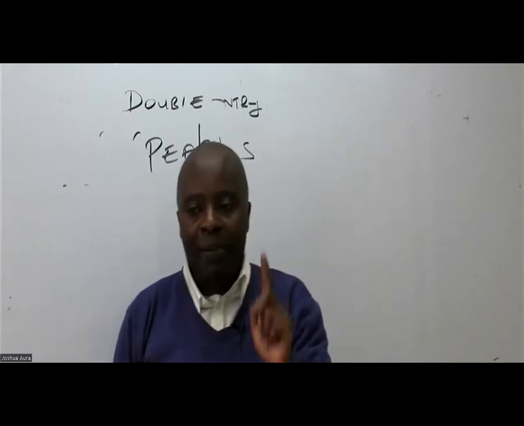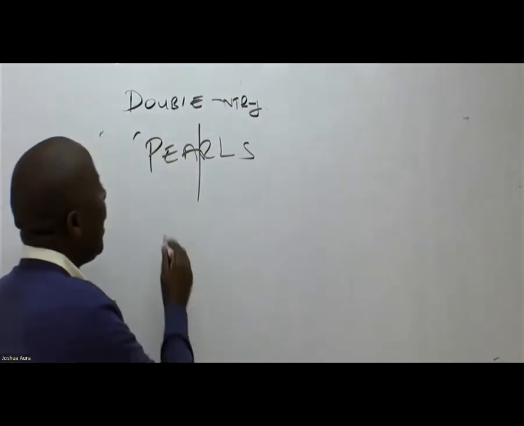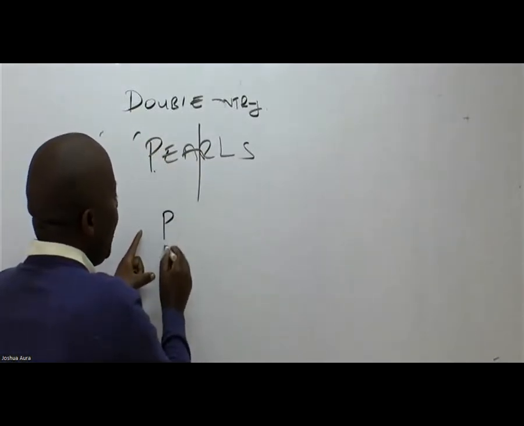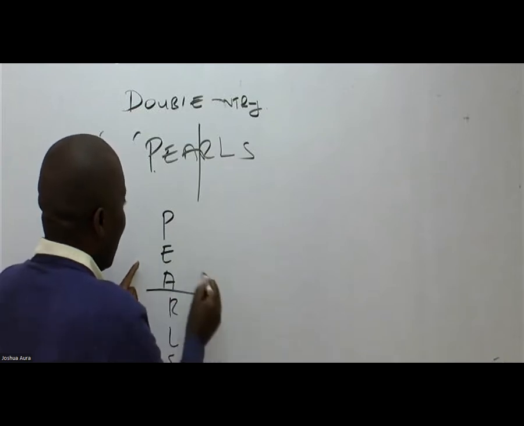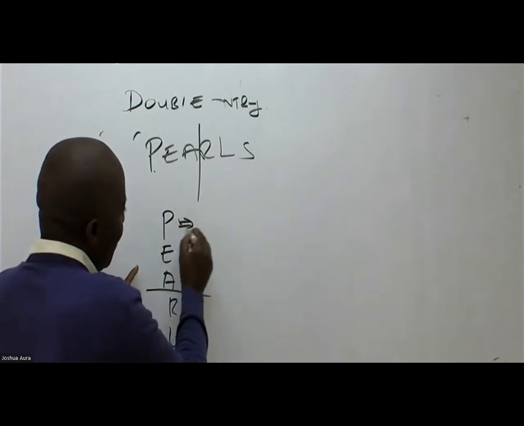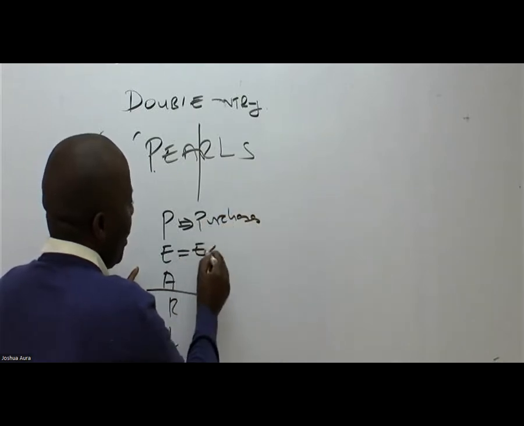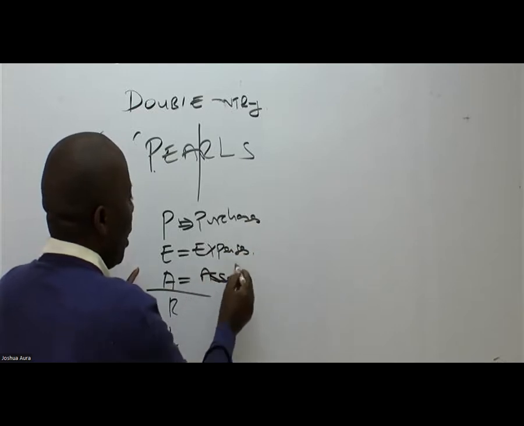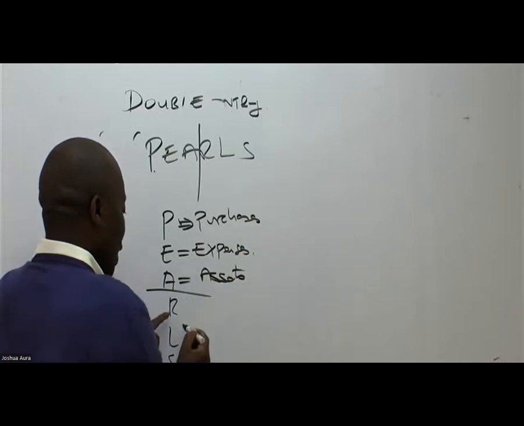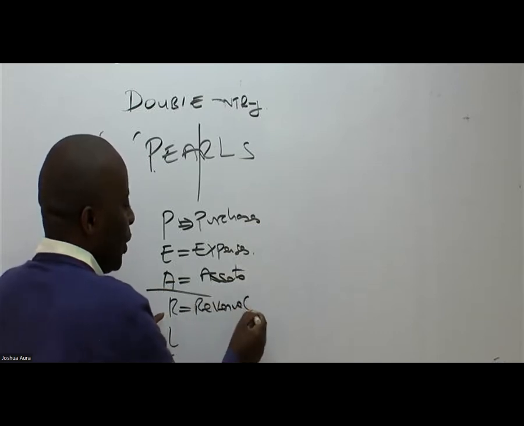You must always remember what we call the PEARS. P stands for purchases, E stands for expenses, A stands for assets, and R stands for revenue, which is sales revenue.